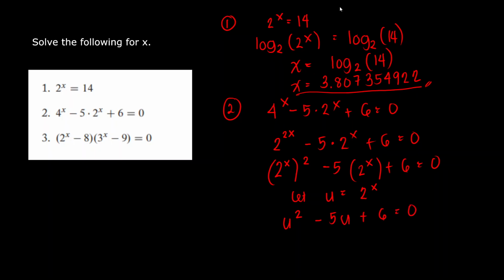It seems easier now, right? Let's get the roots. The factors are u minus 3 and u minus 2. Let's check: negative 3 times negative 2 is positive 6, negative 3 plus negative 2 is negative 5. So u is equal to 3 and u is equal to 2.